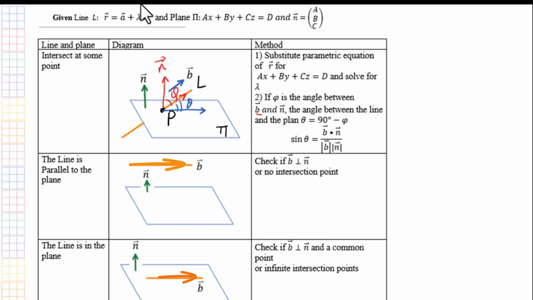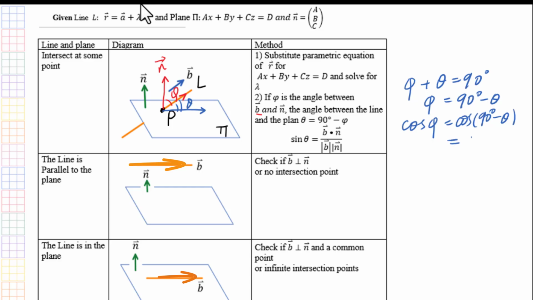From the diagram, we do know phi plus theta equals 90 degrees. So phi equals 90 degrees minus theta. Cosine phi equals cosine of (90 degrees minus theta). This is a cofunction formula, equals sine theta. Remember this formula: cosine phi equals sine theta.